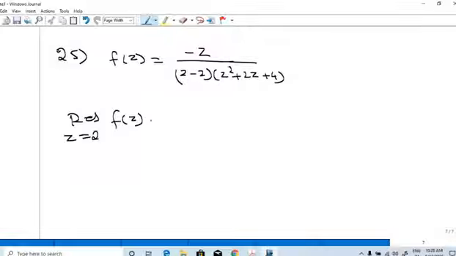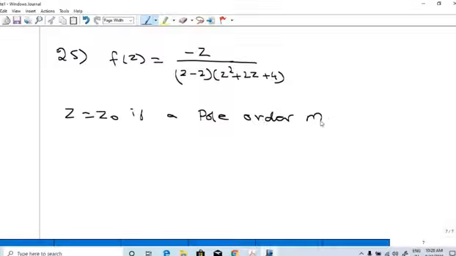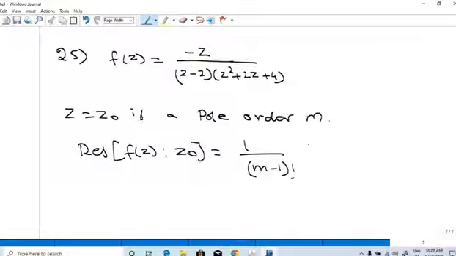Okay. So we know that we have to write the formula first. How to find the residue of a given function? Suppose z equal to z naught is a pole of order m. Then the residue of the function f of z at the point z naught is nothing but 1 by (m minus 1) factorial into d to the power m minus 1 by dz to the power m minus 1 of (z minus z naught) to the power m times f of z.